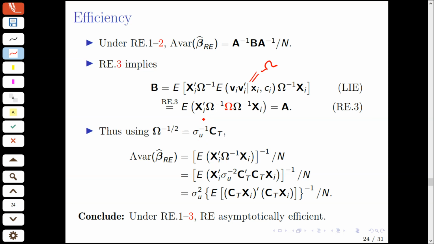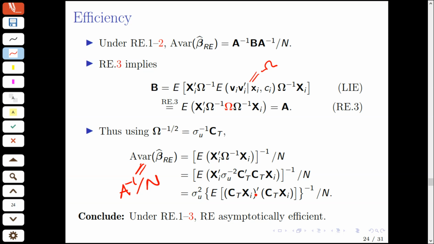Namely, we can write the asymptotic variance of the random effects estimator, which we've now shown, under assumptions RE1 through 3, is A inverse over N. By substituting for the inverse of omega, we can rewrite this expression as the following product, where we've pulled out the variance of the idiosyncratic error, and we've written the second part here as the inverse of the expectation of the product of our transformed regressors, where the transformation is given by the Ct matrix.